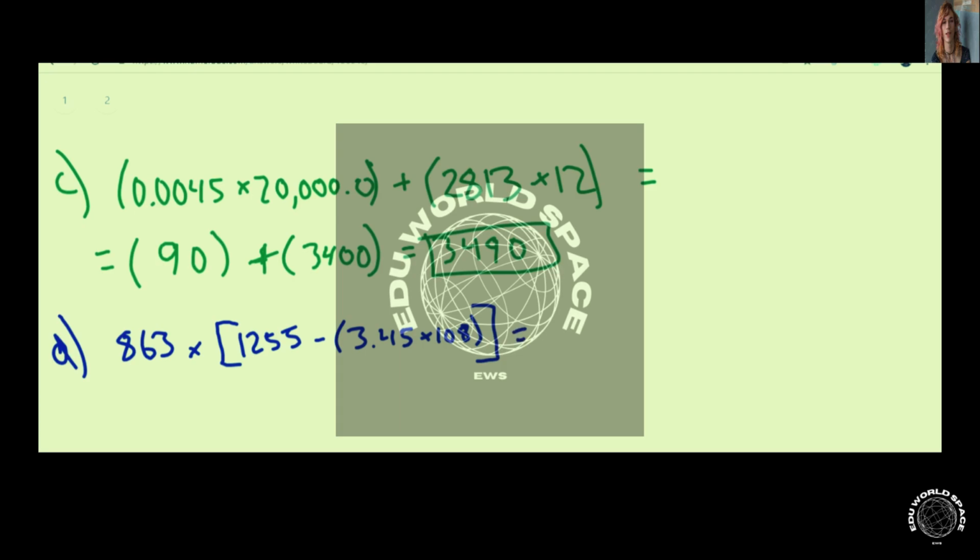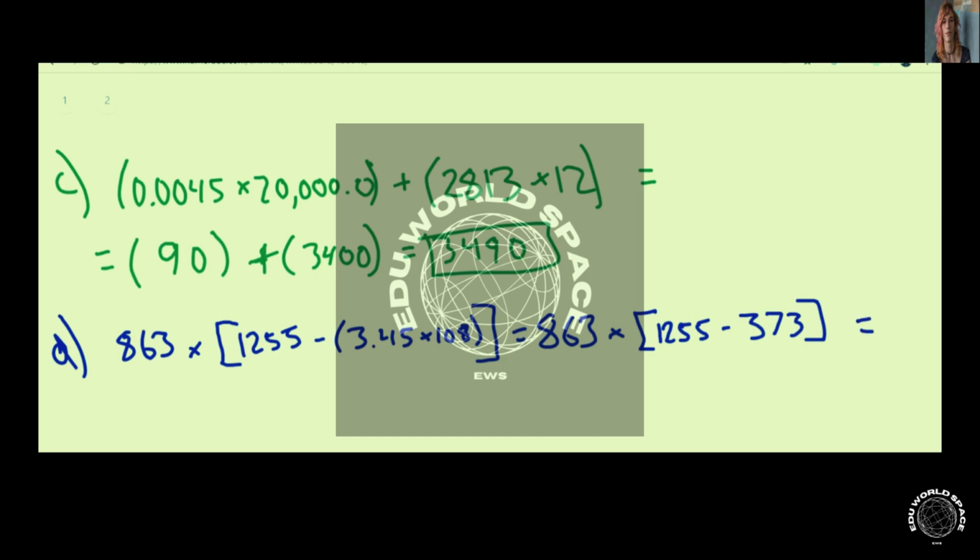So if we go ahead and do what's inside the parentheses first, we have 863 times 1255 minus 373, which has three significant figures because both of our multipliers have three significant figures.